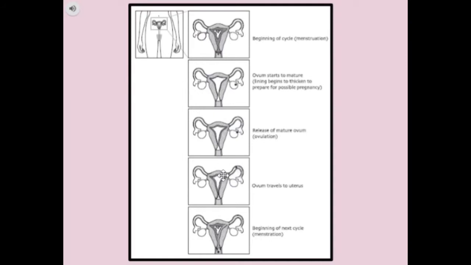And if it is not met with a sperm, it dissolves, and all the blood that was accumulating in the uterus, the endometrium in here, we can see it thickening, and it releases if it is not fertilized. If the egg is not fertilized, all that blood comes out as your period when you menstruate.